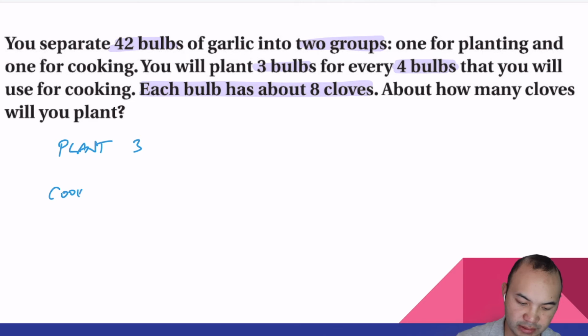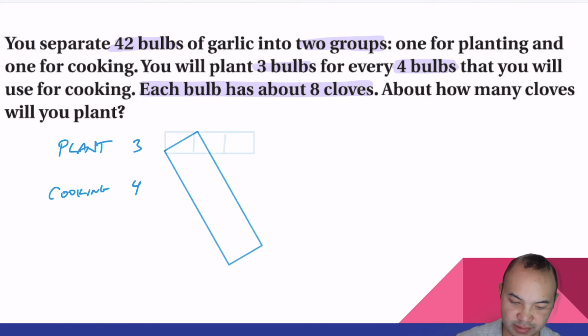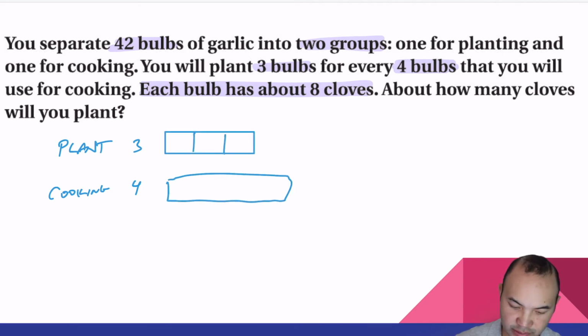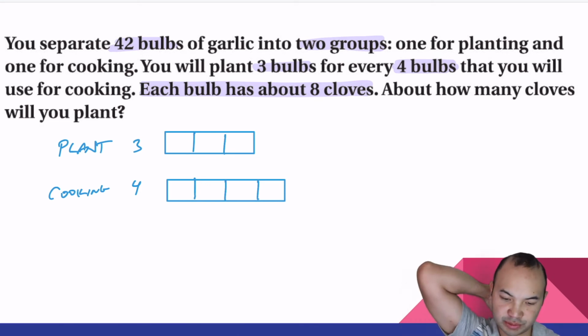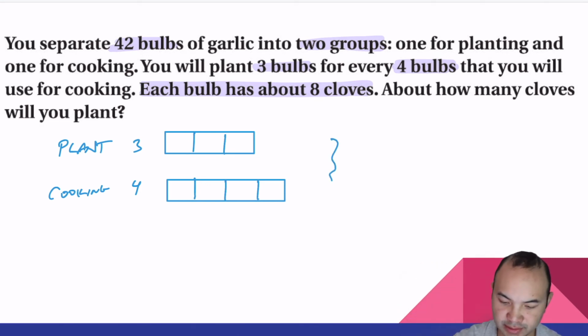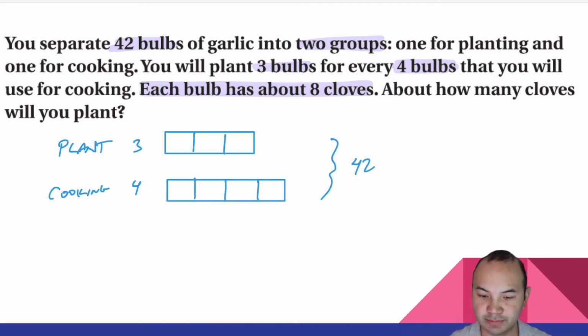And cooking, you will have 4 bulbs. So let's use this bar diagram that I was talking about earlier. And then this will be 4. Doesn't have to be perfect. Okay, so 3 to plant for every 4 used for cooking, right? You separate 42 bulbs of garlic, so all of this together will be 42. Okay, fair enough.